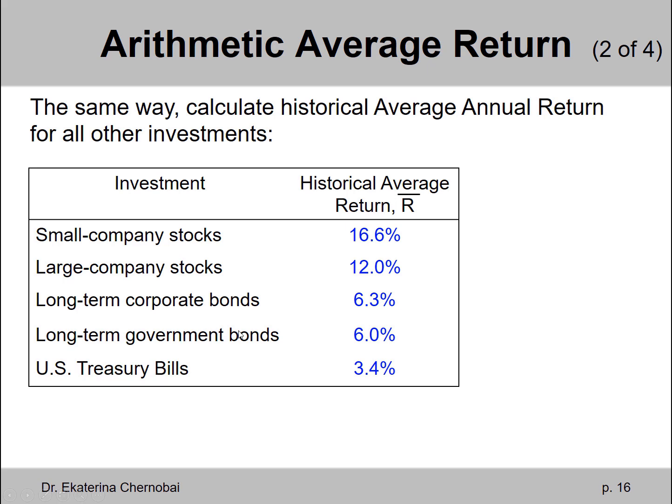Then long-term government bonds, 6%, and then U.S. Treasury bills, the lowest, 3.4%. So 3.4% is kind of the lowest return you were able to make over the last 9 decades when you were investing your money into financial markets.